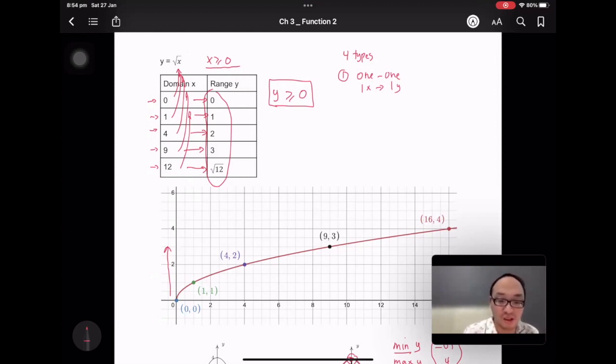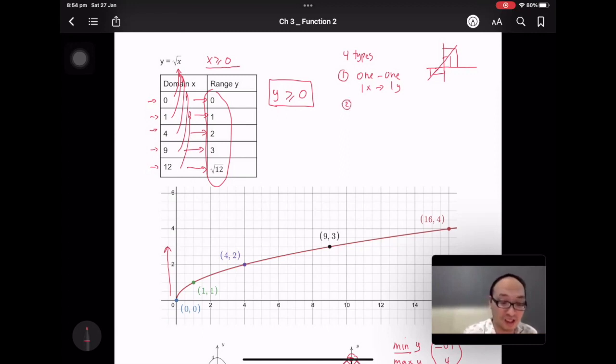The example of this is a linear function. You can see that one x will have one y, another x, another y, and another x, and another y. So it's only one pair for each x. So that's one to one relation.